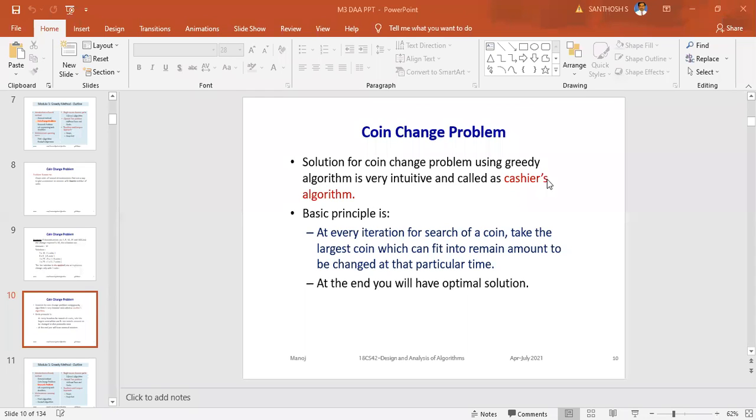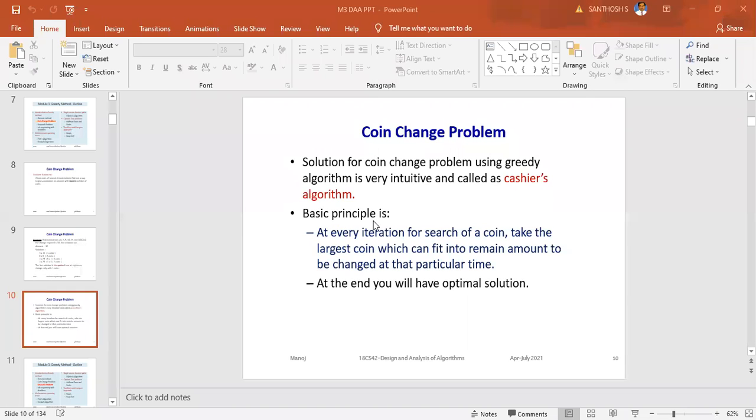So that's why we say who will give the change for paying all the things. It will be given by the cashier. So that's why we call this the cashier algorithm. If you pay 100 rupees, who will give you the change? The cashier will give you the change. So that's why the name is given as the cashier algorithm.